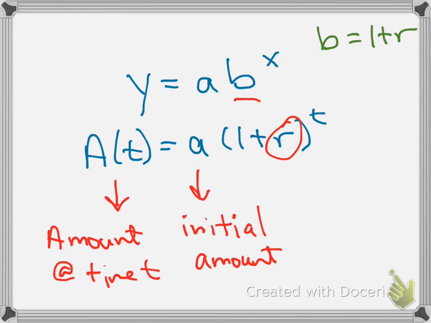So what we're saying is that for each time period that passes, that's why we've written our independent variable as a t here instead of just x, for each time period that elapses, I am either growing or decaying by this value r. It's going to be growth if r is positive, it will be decay if r is negative.